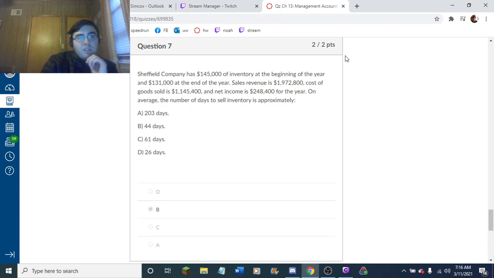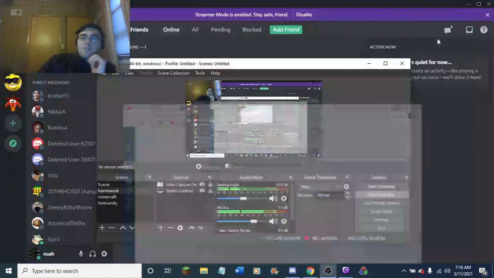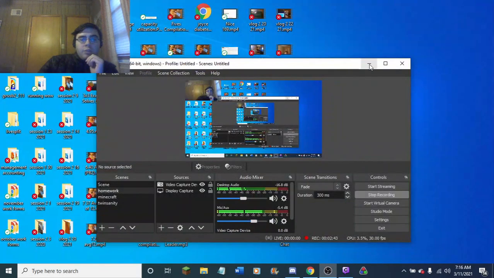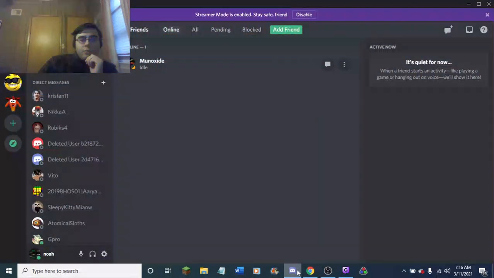Average inventory. Is it sales revenue? I thought it was net income divided by... Or is it cost of goods sold divided by... I can't remember. This really sucks.